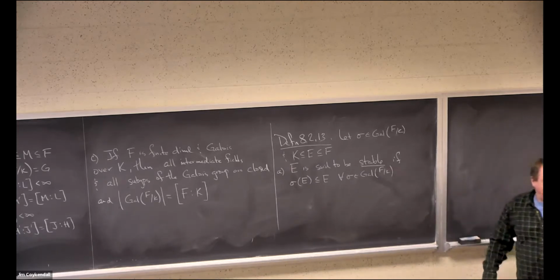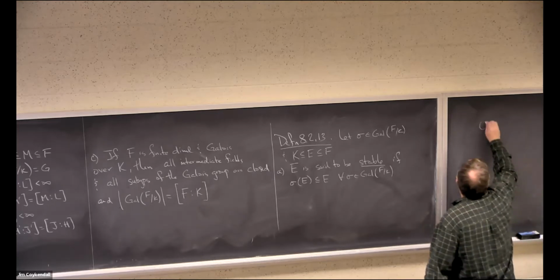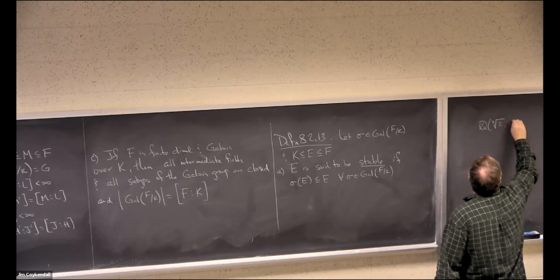Let me give you a non-example, so I think it might illustrate some things. I want to go back just with a piece of this table that we had before.